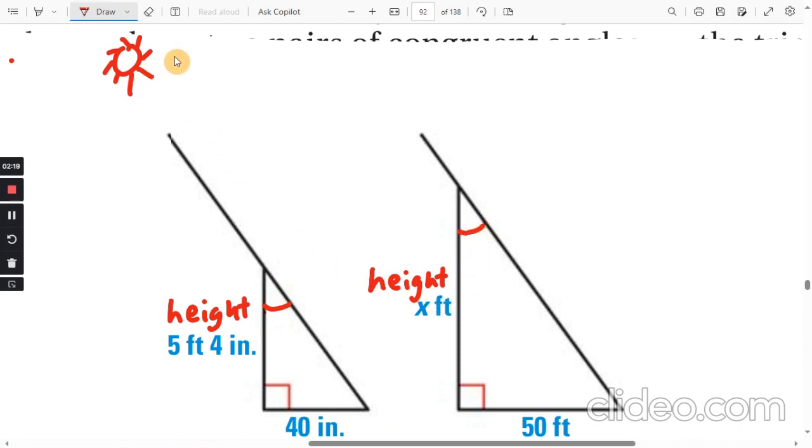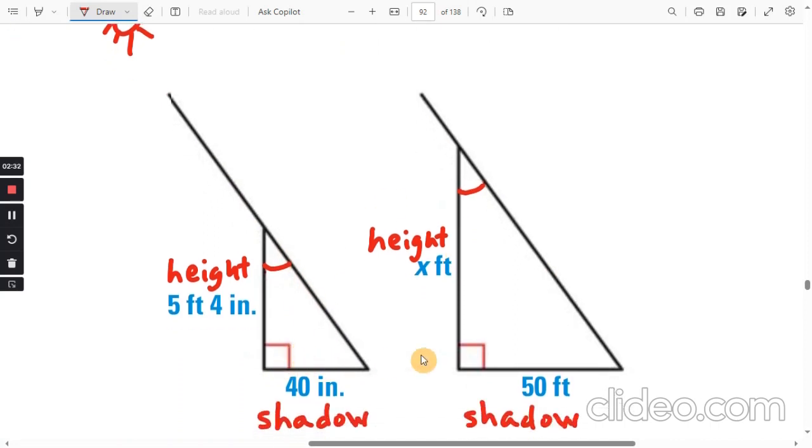Okay? Because the sun is very far away, and it's basically making the same angle with the ray on both the woman and the flagpole. All right? So as you can see from the triangles, the right angles match, and these angles match here as well. So these triangles are similar by AA.